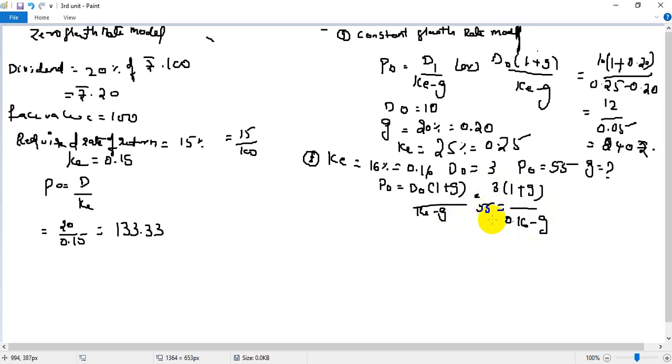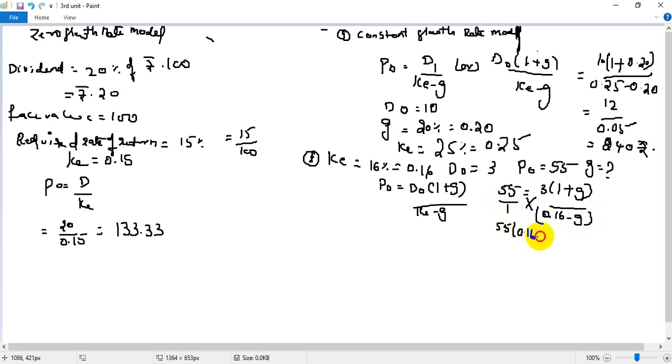Let's write down fresh. So 55 is equal to 3 into 1 plus g divided by 0.16 minus g.